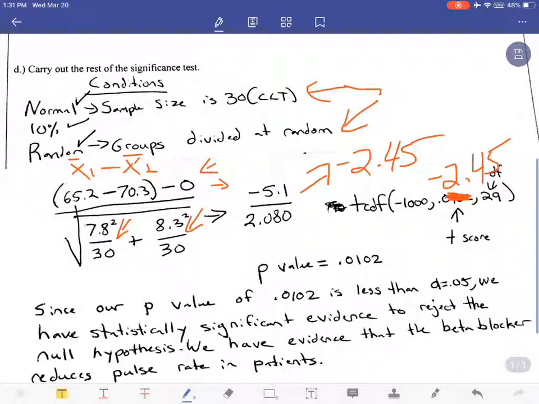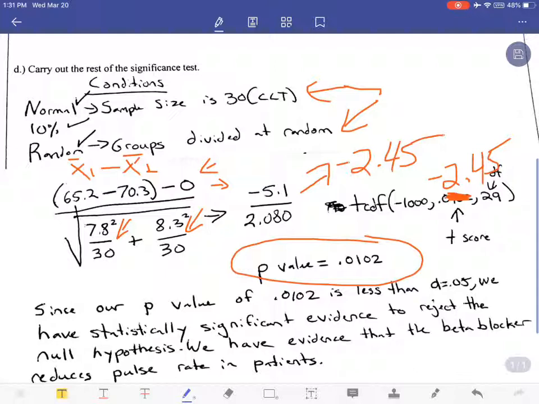And when you plug that into your calculator, you go to number 6 under distribution, tcdf, and put negative 1,000 as our lower boundary, negative 2.45 as our upper boundary. And that gives us a p-value of 0.0102. So that's the third step, calculating the p-value given the test statistic.